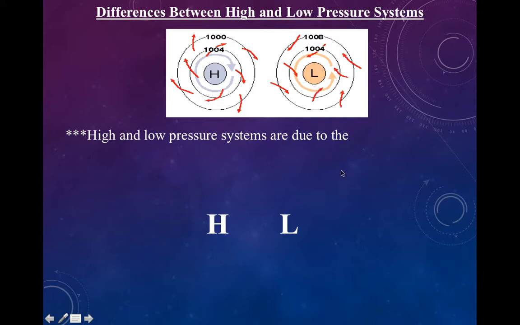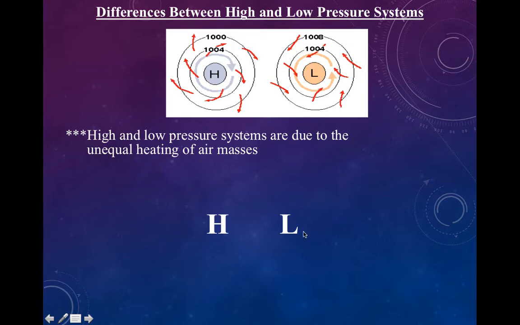Wind is caused by differences in air pressure. So first thing is this: high and low pressure systems are due to the unequal heating of air masses. What does that mean? That means if a certain area is getting heated up more, that it's warmer, warm air rises.